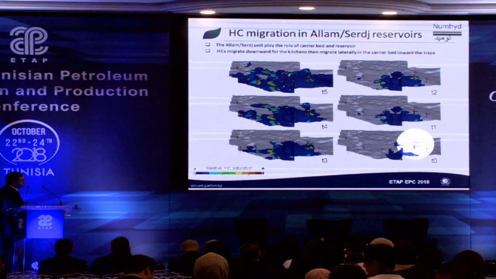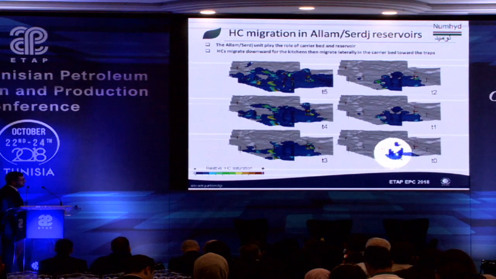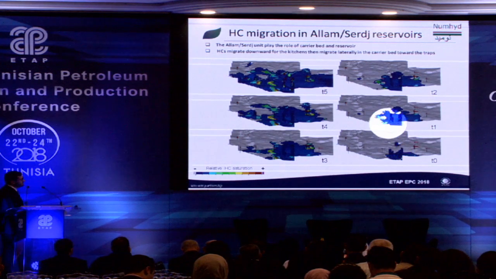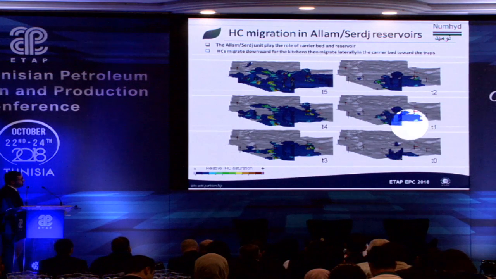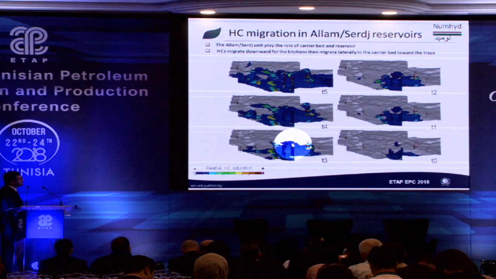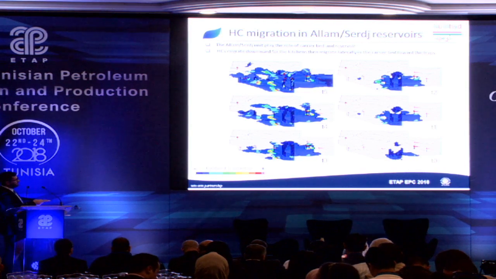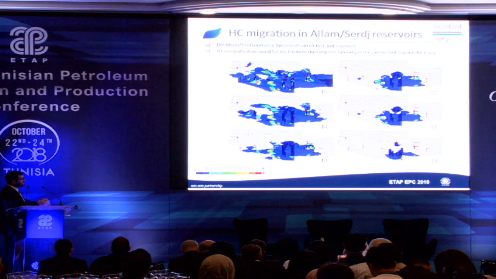It's interesting to see that at T0 we have a saturation which appears in the Alarm reservoir, and when you go to T1 you can observe a lateral migration from both sides of the kitchen, and this system continues, etc. So it's interesting to see that fluids are generated in the kitchen, and after the fluids go into the Alarm, and the Alarm plays the role of carrier bed, and fluids are distributed along the platform.